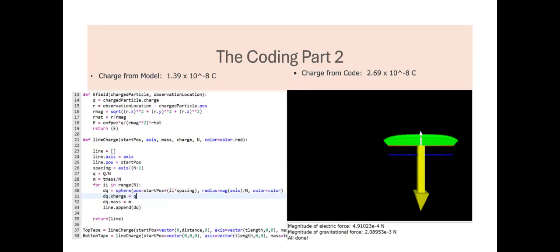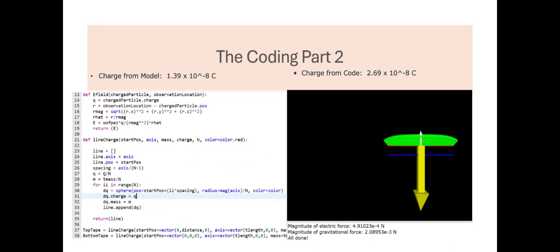For the second part of the code, more of the important stuff is to the left, like the electrical field and the line charge, and how to find that. This code gave me the magnitude of the electrical force and the magnitude of the gravitational force, as seen in my result.